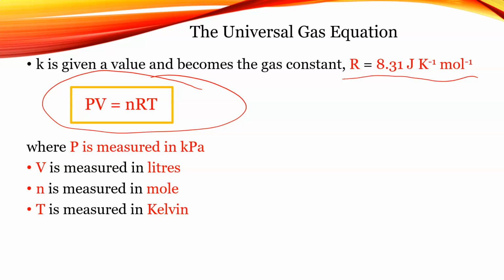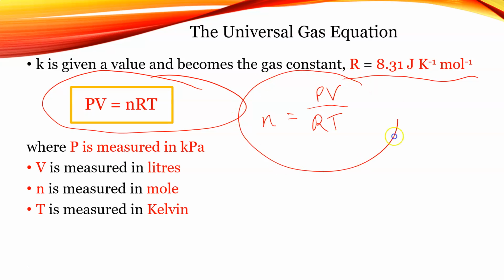So we get PV equals nRT, or if you prefer, amount in mole is equal to PV on RT. And so you can calculate the amount in mole of any gas at any pressure, any volume, any temperature, as long as your temperature is in Kelvin.